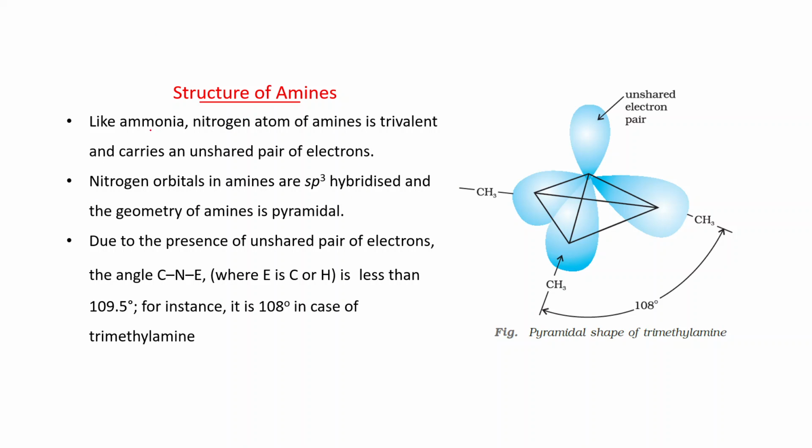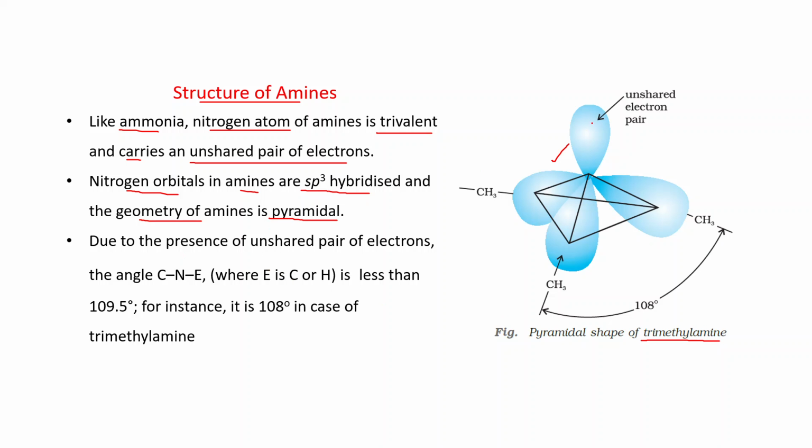Structure of amines. Like ammonia, the nitrogen atom of amines is trivalent and carries an unshared pair of electrons. Nitrogen orbitals in amines are sp3 hybridized and the geometry of amines is pyramidal. You can see this is the structure of trimethylamine.